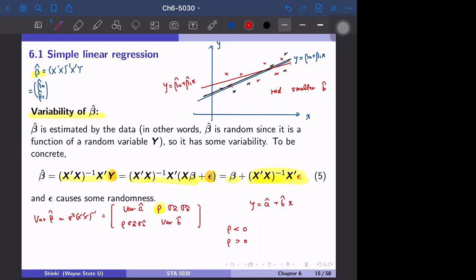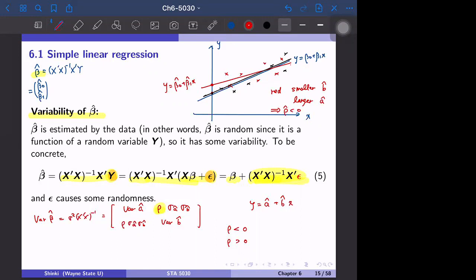And how about the intercept? You can see a larger intercept, because the data are mostly on the positive part. Actually, all points are for positive x. So if the slope is small, then the intercept gets larger, because if the straight line is steeper, then it goes down more when x is equal to 0. So the red line has a larger A hat. So probably in this case, the rho hat is negative.